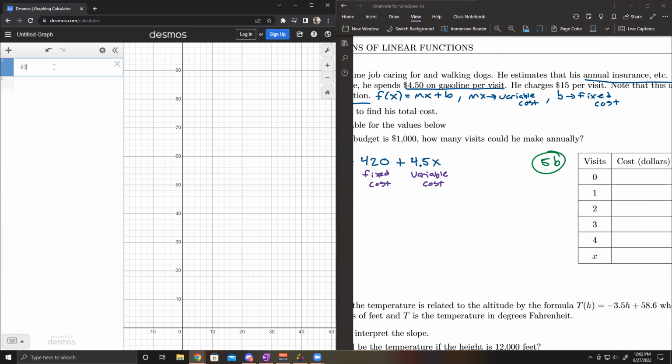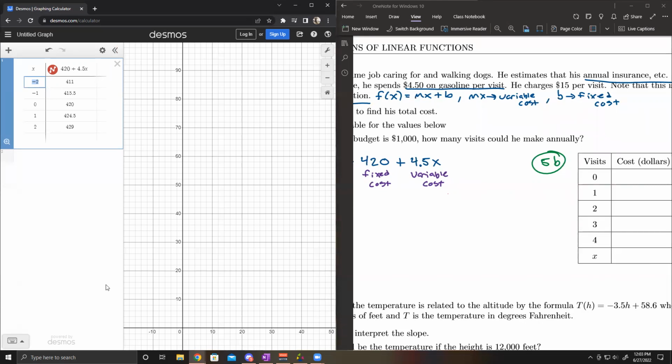I'm going to say 420 plus 4.5x. Now, what I'm going to do is hit this little gear icon right above where you type the function in. You hit this gear icon and you're going to see a little button here that says convert to table. We're going to do convert to table, and it creates an XY chart for us, just like the one we have to fill in over there.